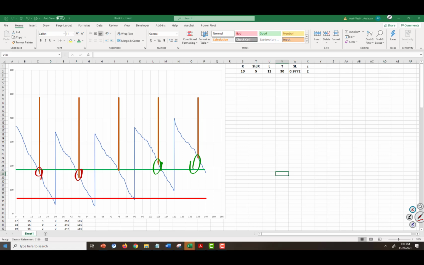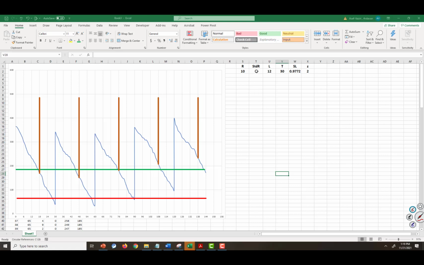So on average, we will have what is needed during the lead time, and then we have the safety stock. All we need to order is what is needed during the review period, which is 30 days.